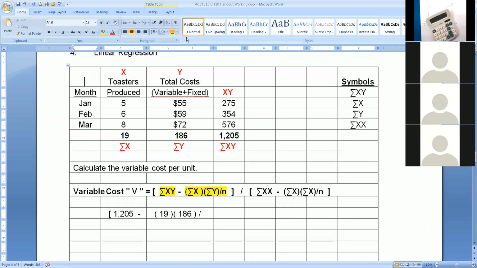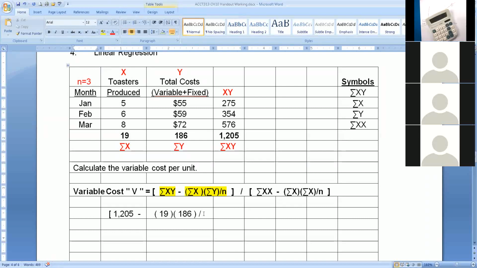So this will just be n. This will be n equals 3. If we had 10 months, it would be n equals 10, and so on and so forth. So the n is just a number, however many you have, January, February. So there's 3 months, n equals. That's supposed to be a small n. Quit correcting me.